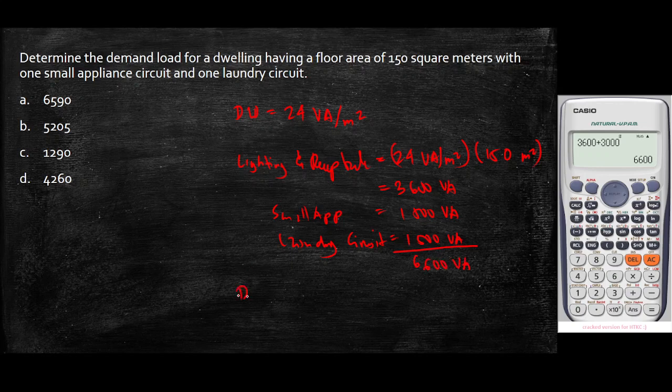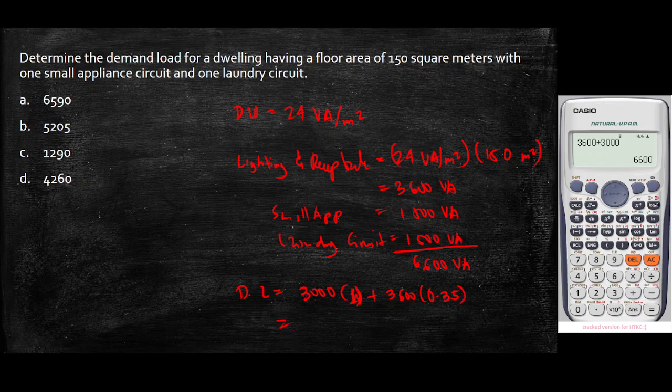To calculate the demand load, we take 3,000 from the 6,600 times 100%, or times 1, plus the remainder. Since we took 3,000, we have 3,600 left, which will be multiplied by 0.35.